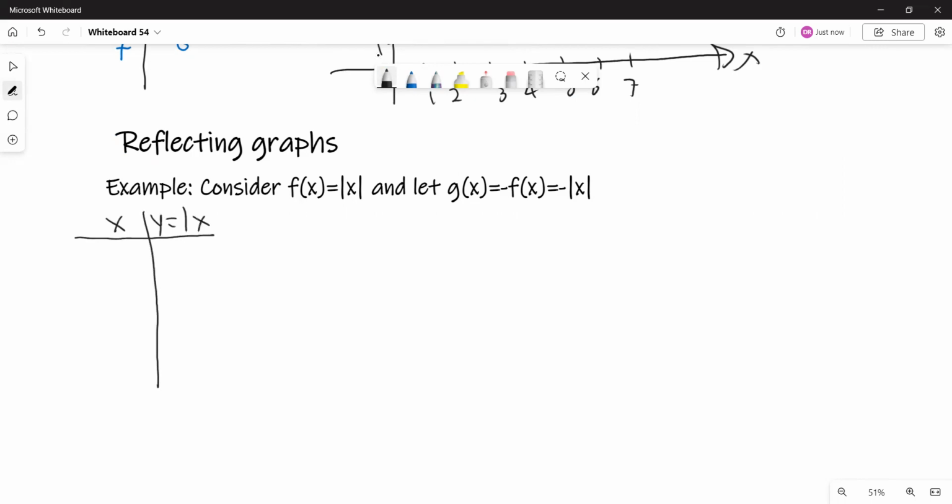Okay, so for the absolute value function, actually I'm going to do a table with 3 columns. And we're going to compare the graphs.